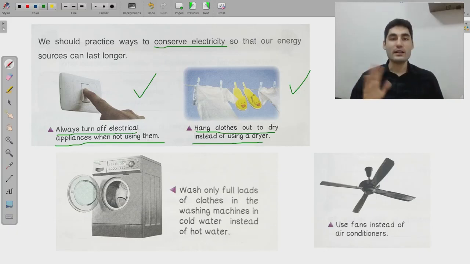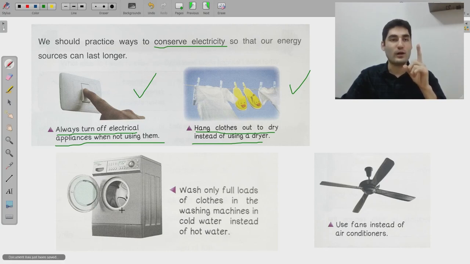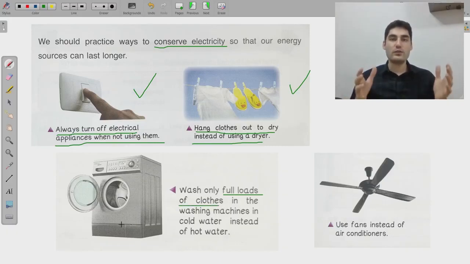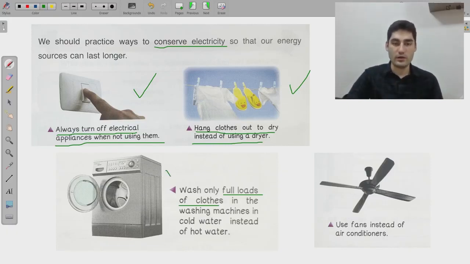No, not good. It should be a lot of clothes inside, not just one shirt, one pant. You should put full loads of clothes, okay? You should put a lot of clothes inside, not just one. So this is also correct.